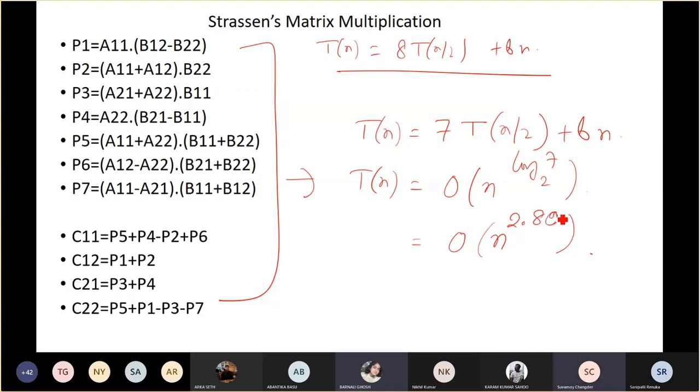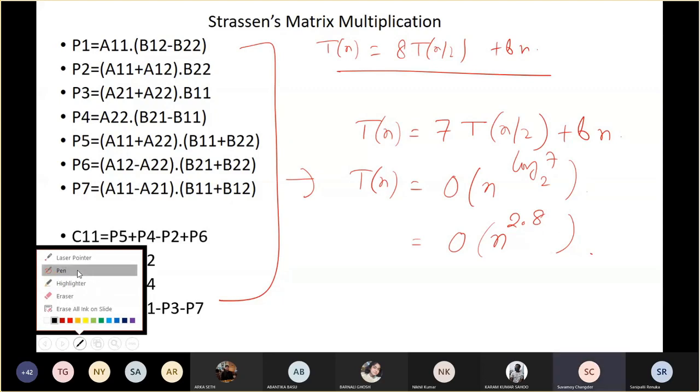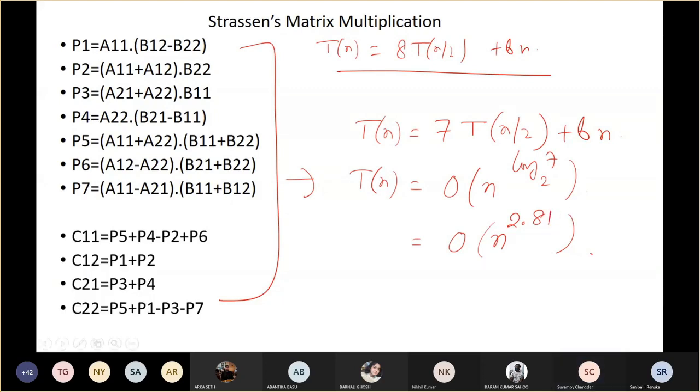So 2.807. Okay, so we can consider this as 2.81. So therefore you see that we are able to decrease the value by 0.19.